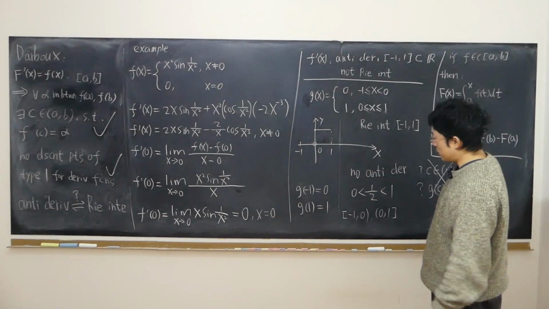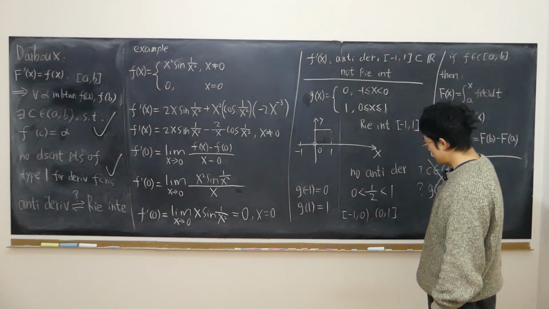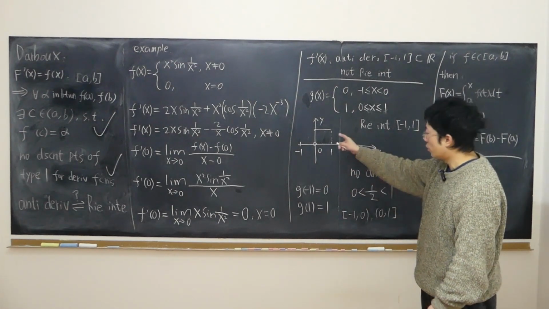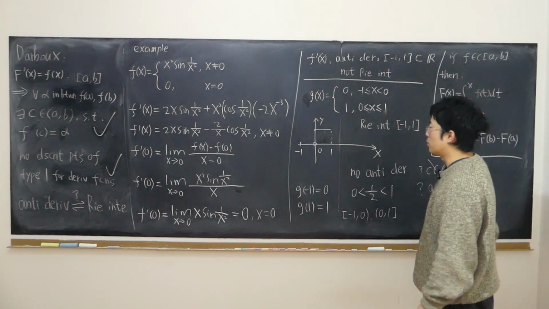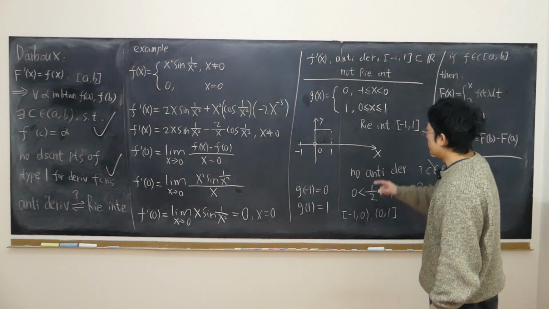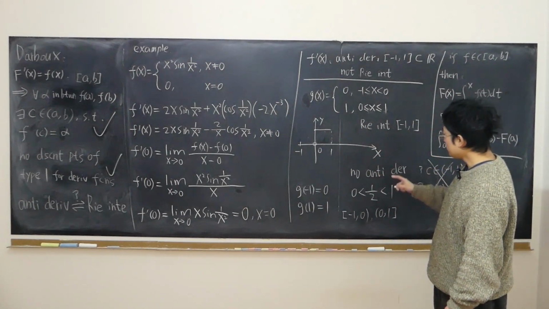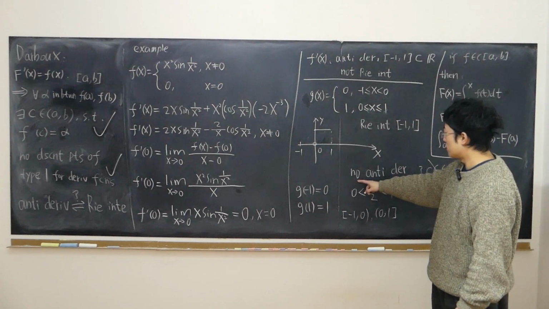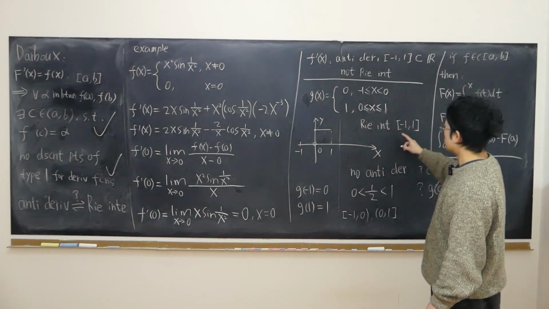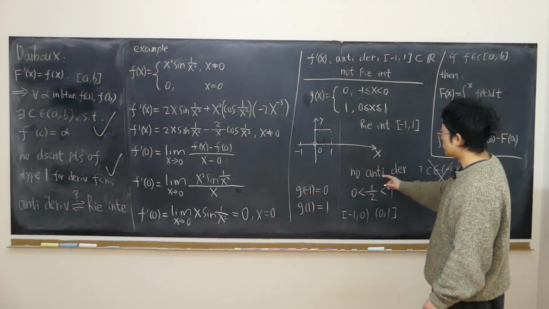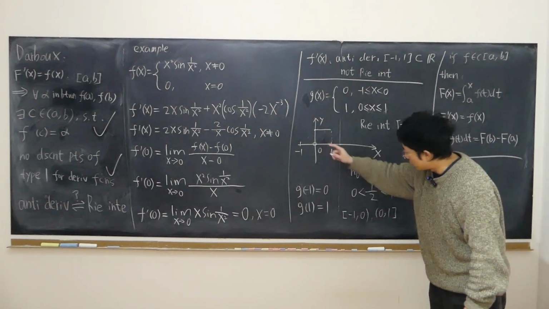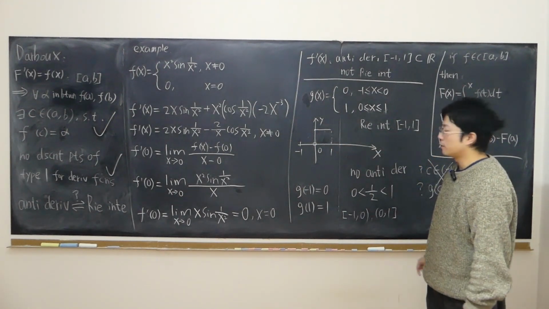Those subintervals, yes, it does have antiderivative. But it just does not have antiderivative at point 0. In summary, we still say it does not have antiderivative over the closed interval -1 to 1, simply because it does not have antiderivative at point 0. Therefore, we have this conclusion.